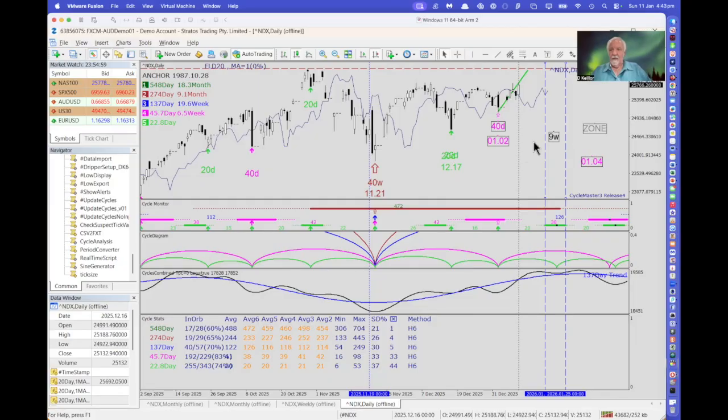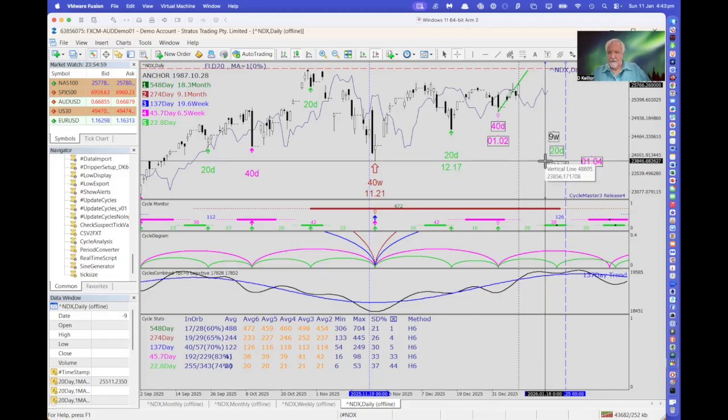So those railway lines are either side of a 20-day zone, and that will do us as a reference for the 9-week. Now, the 9-week orb would actually be larger than this 20-day orb, but this gives us a period to watch. So where's this zone? 18th of January to the 25th.